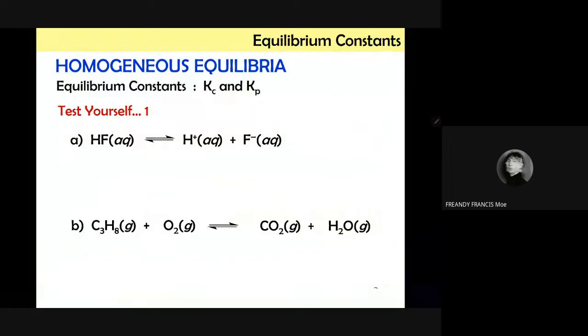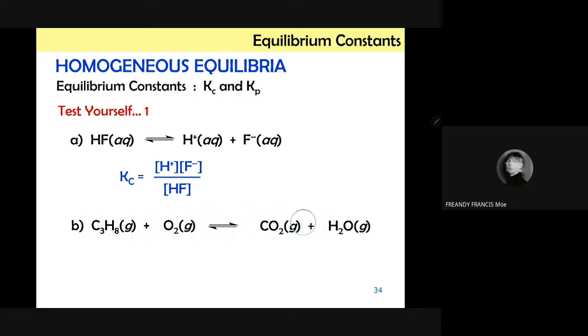So di sini kita nak tengok, okay, write the equilibrium constant of Kc and Kp. Jadi kalau kita tengok, first of all kita kena balance equation, dan equation ni dah balance. So Kc sama dengan concentration of H, concentration of F, concentration of HF. Dan seterusnya, yang ini bawah ni, equation dia tidak balance.